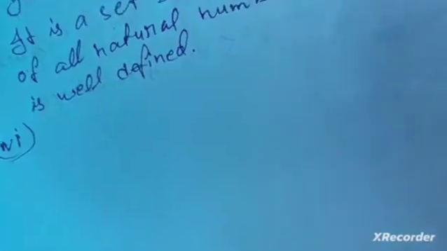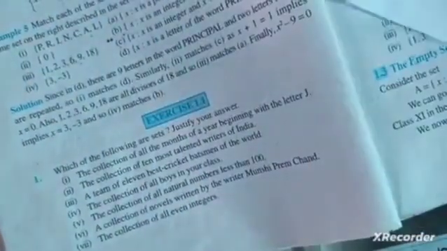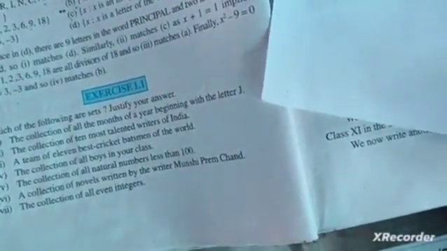Sixth number, the collection of novels written by the writer Munshi Premchand.